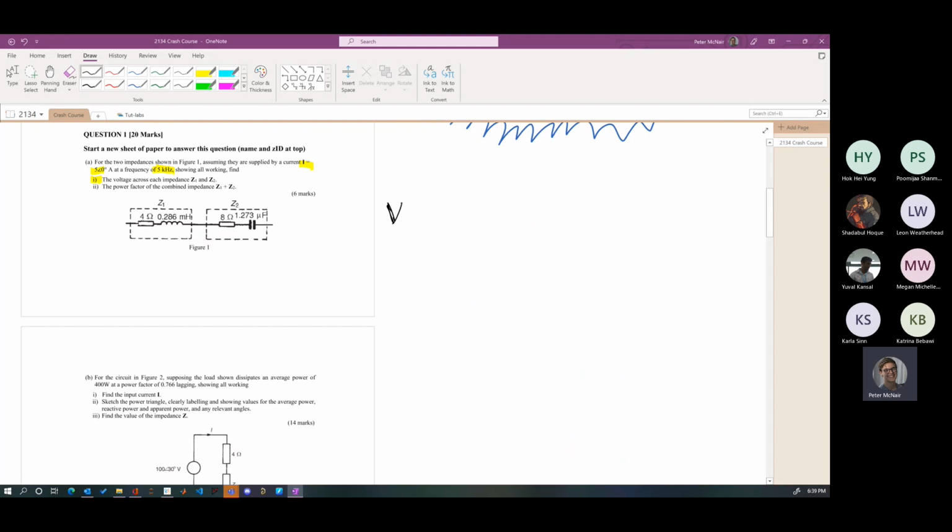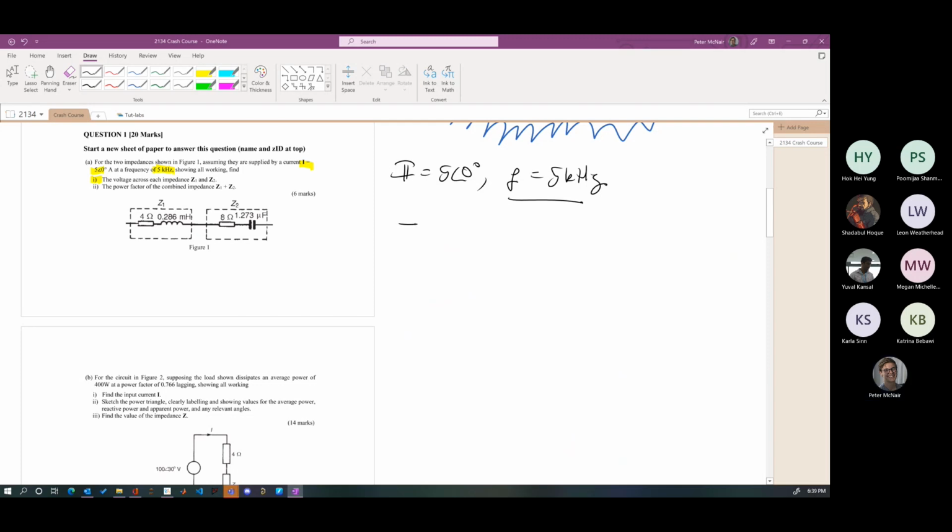So let's say V1 first. We're given that I is equal to 5 angle 0 degrees, f is equal to 5 kilohertz. Just let me know if you can't read this or if my handwriting's too messy.